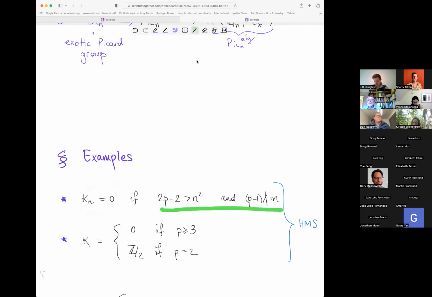If p is large enough with respect to n, with this precise bound, and if p minus 1 does not divide n, this makes the Adams-Novikov spectral sequence nice and small enough, and that makes kappa_n trivial.